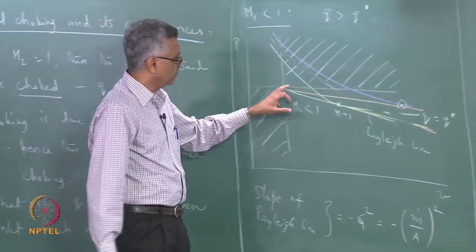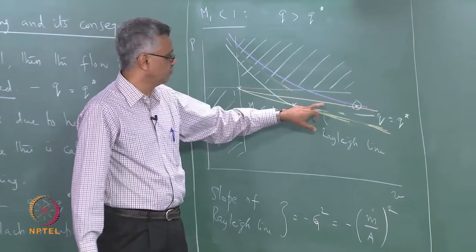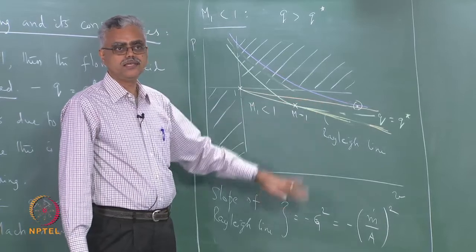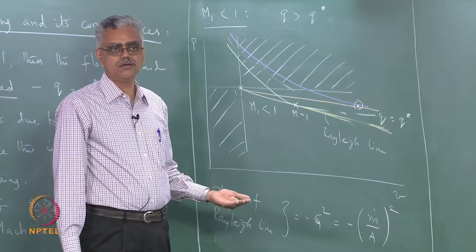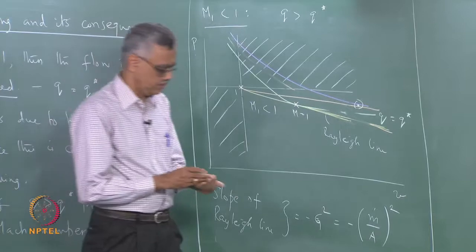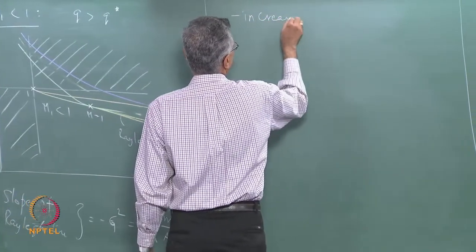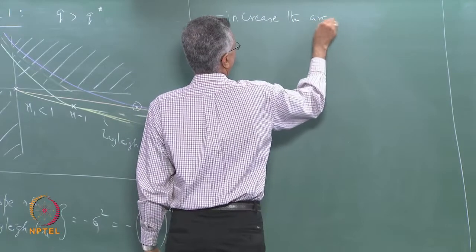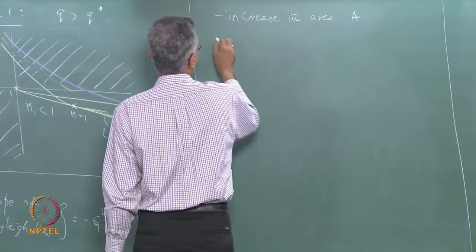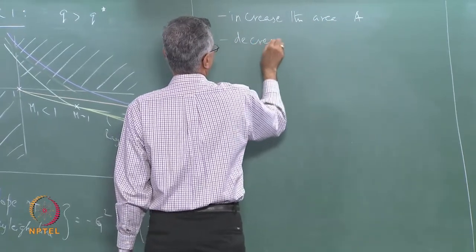So, how do I operate on a Rayleigh line with a lesser value of slope? Either increase the area or decrease the mass flow rate. So, either I increase the area of the combustor or I decrease the mass flow rate.